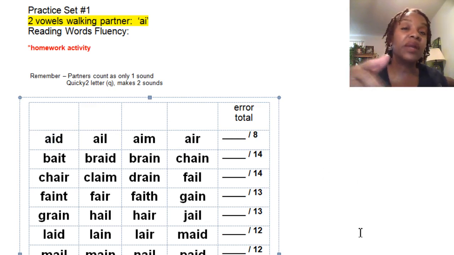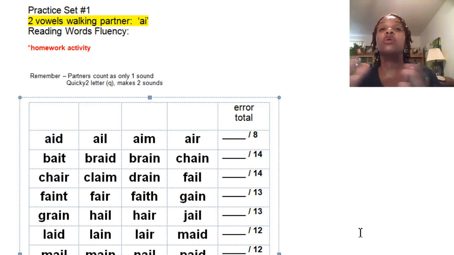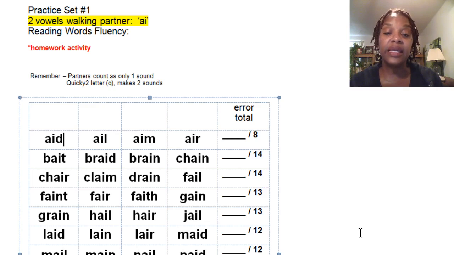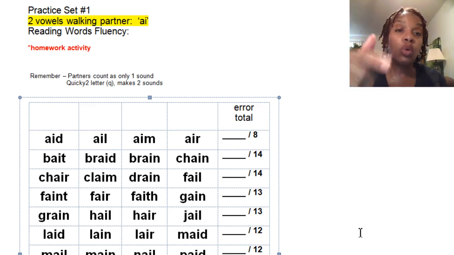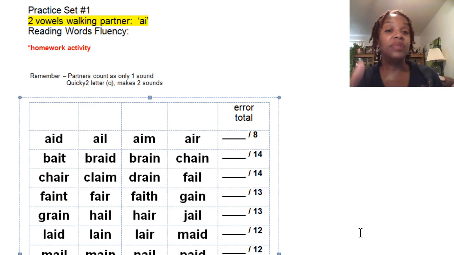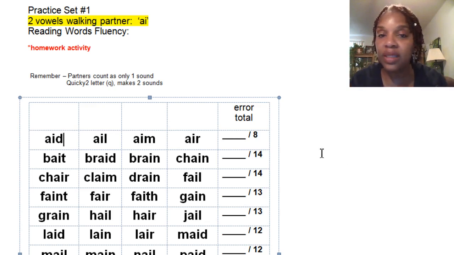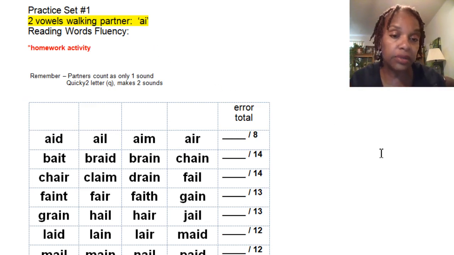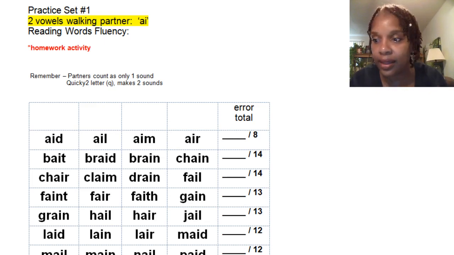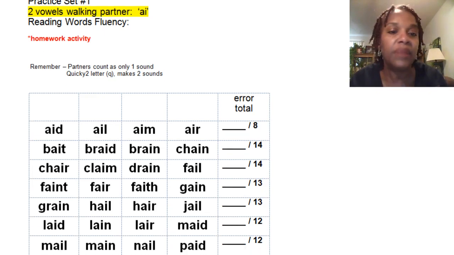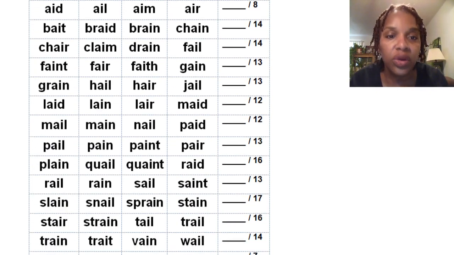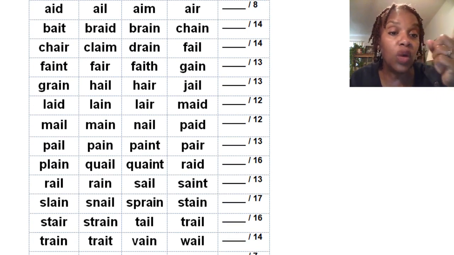Now, for my parents and teachers in the room, in your homework packet, there is a suggestion page or a direction page to give you an idea of how to work with your student to help them master this particular page. Anyway, look at all the new words, boys and girls, especially for my level 1 students.